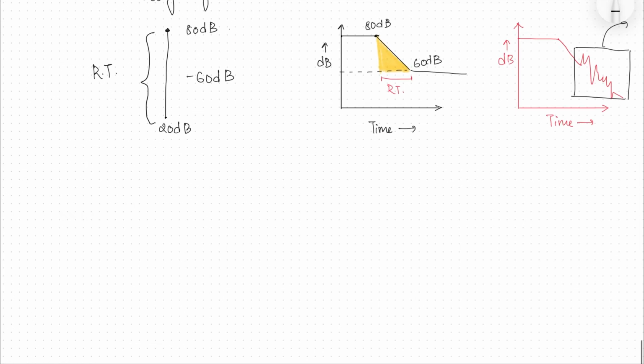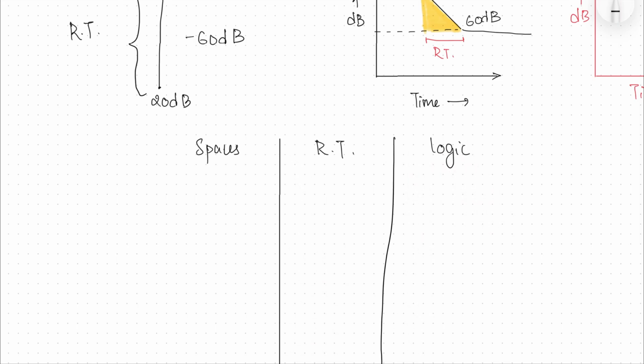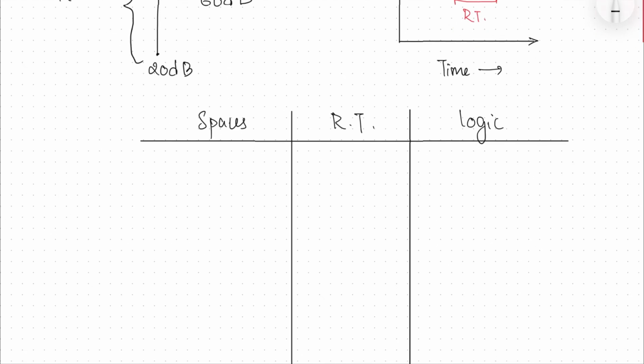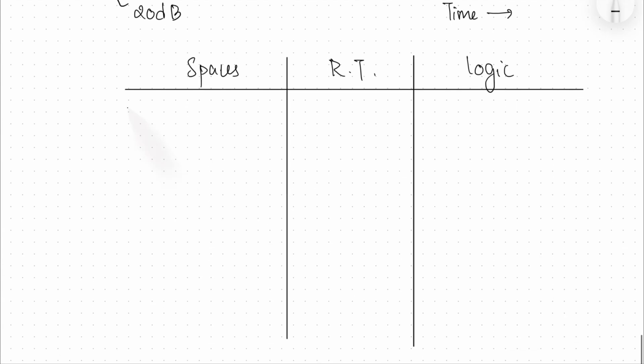Now let me give basic RT for different spaces. So you have spaces, RT, and the logic to remember it by. First you have recording studios, recording rooms, or control rooms.